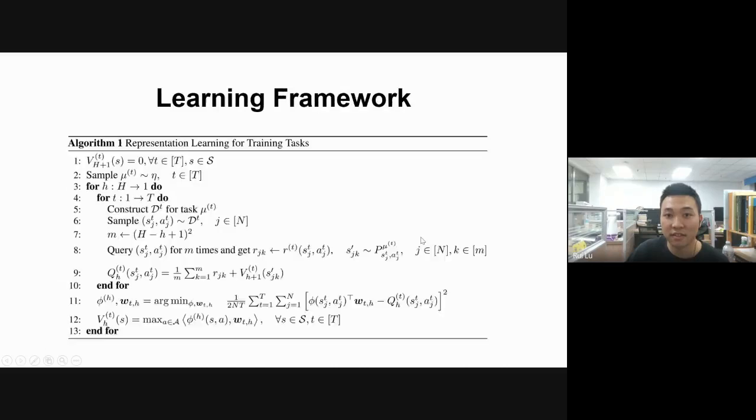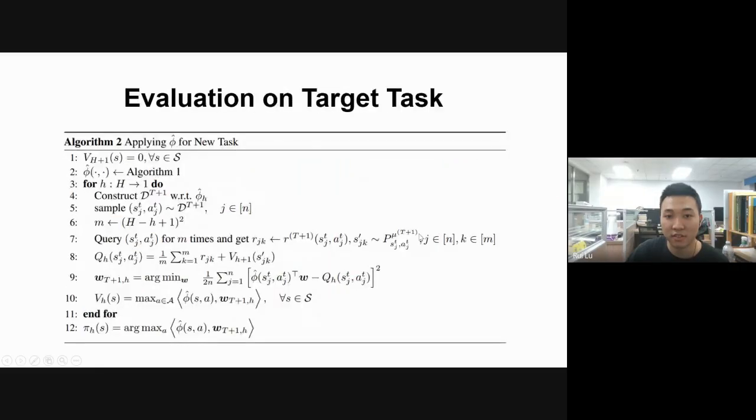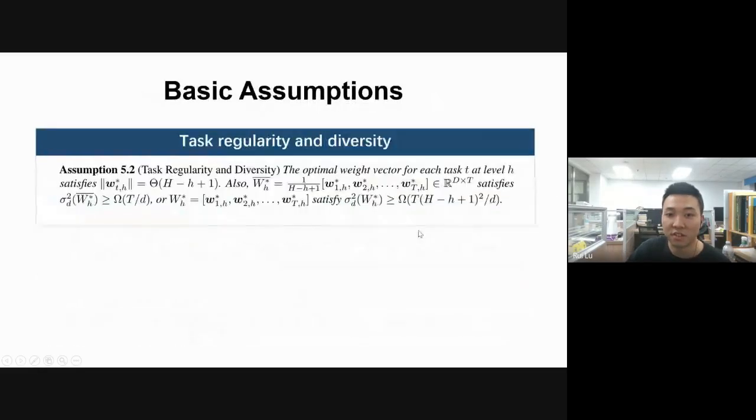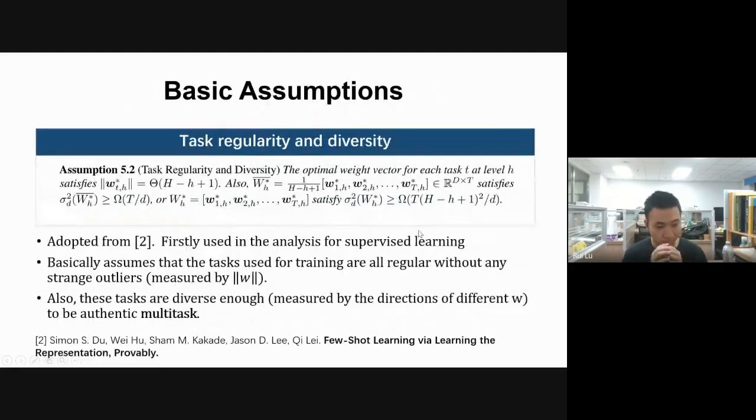Yes, I see. Okay, so there's no scaling issue. So basically the phi just outputs a constant bounded norm vector, and then the W is another constant norm, so you take the dot product, and it's still approximately of this order.